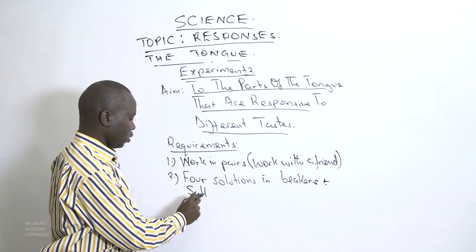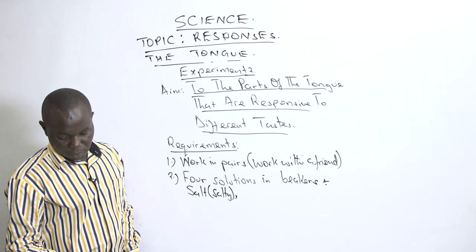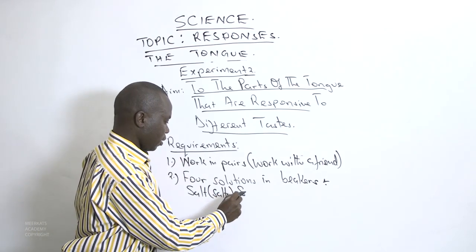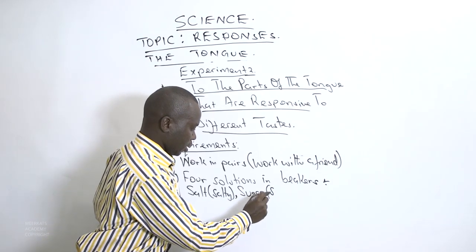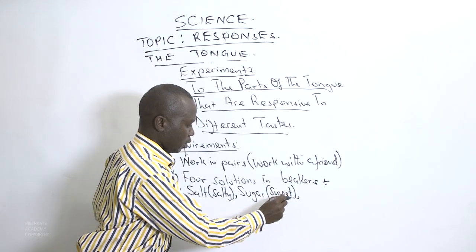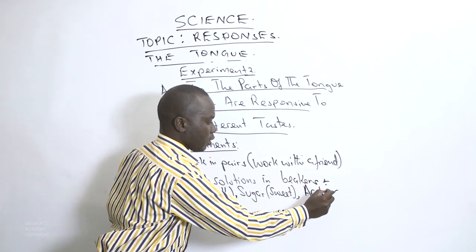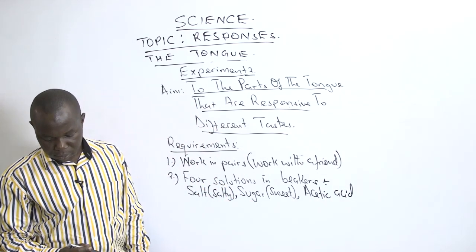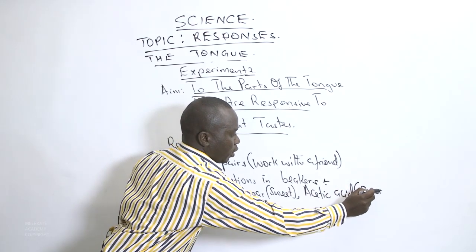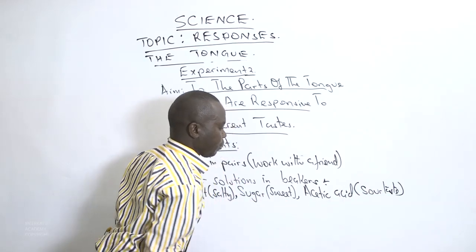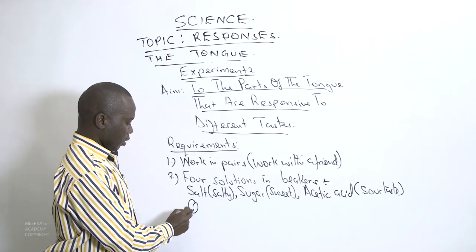Salt solution to give us salt taste, sugar which will give sweet taste, acetic acid to give sour taste, or you can use fermented milk, and quinine.